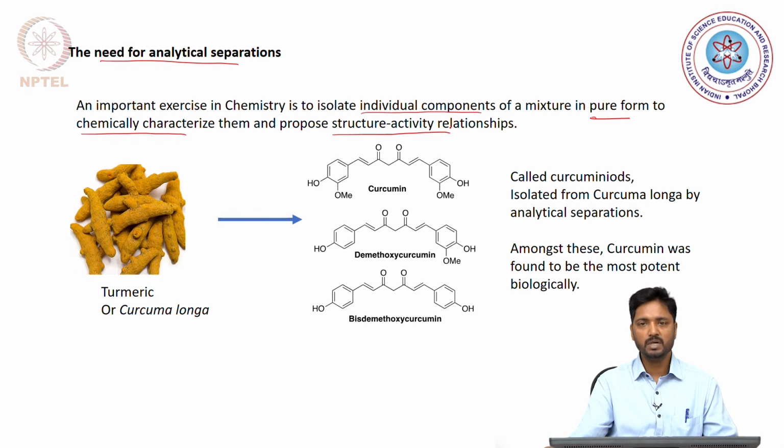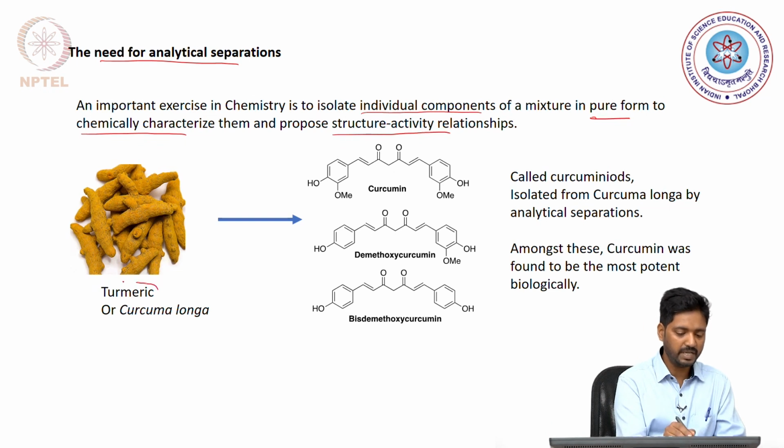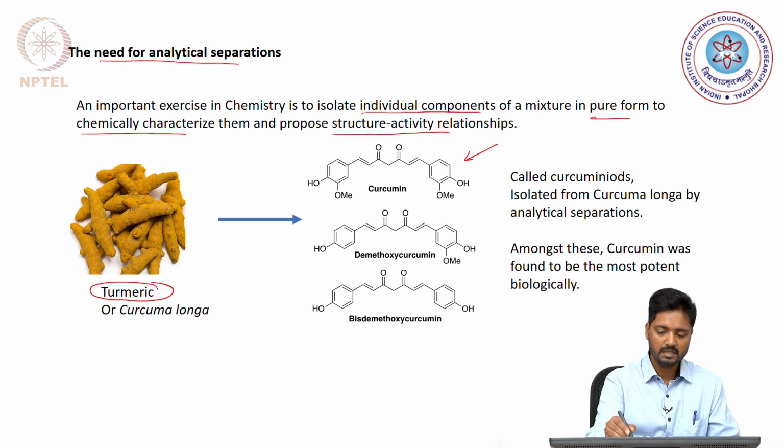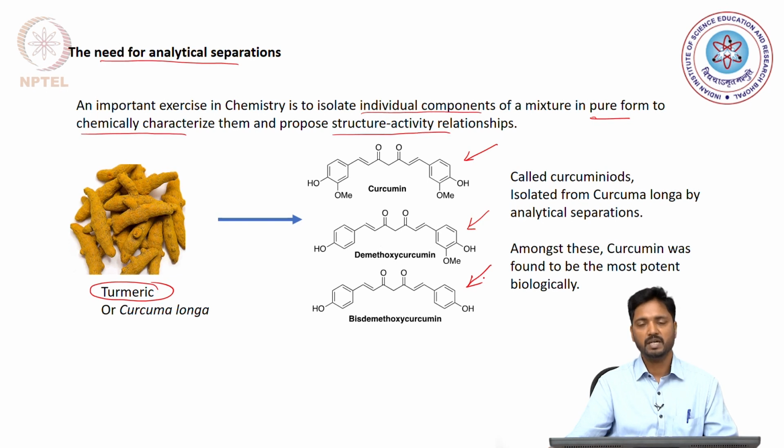A very common example that I have taken here is that of our good old turmeric, which we all use in Indian cooking. When people analyzed the components of turmeric by analytical separations, they could isolate these 3 molecules from turmeric powder, and these 3 compounds are called curcuminoids collectively, and they are isolated from Curcuma longa, which is the name of turmeric in scientific parlance.